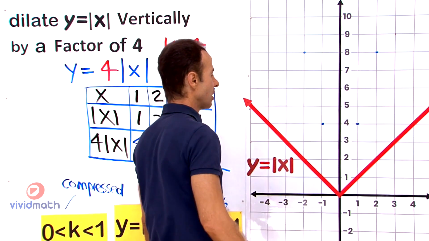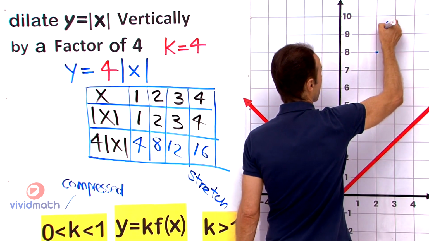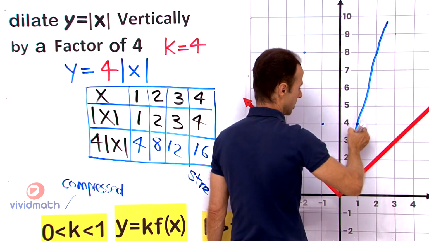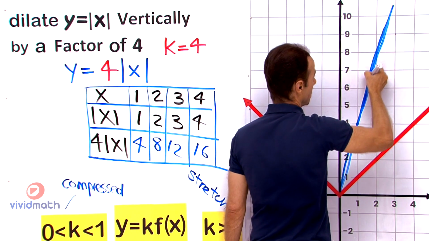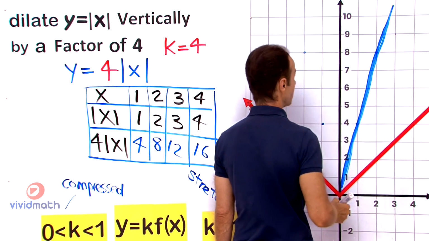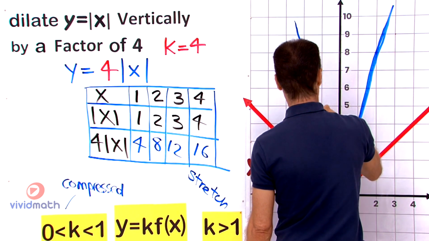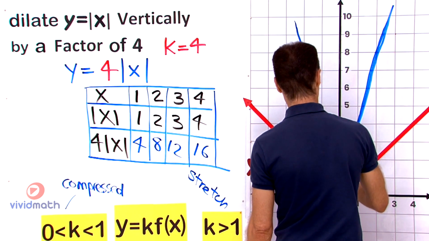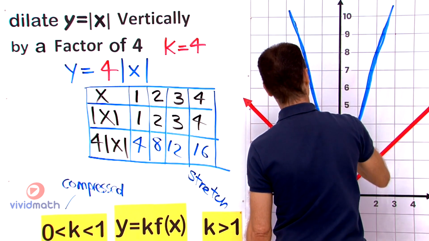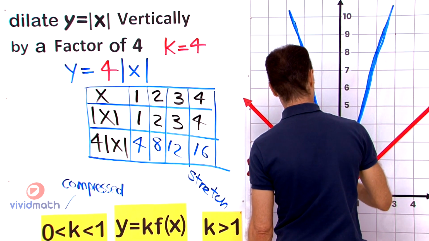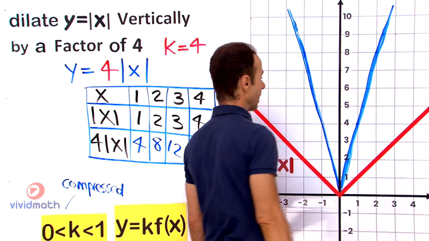So if we just join the dots here, we're going to have this kind of a thing happening. It's not very straight, but imagine it being straight. And there we go.